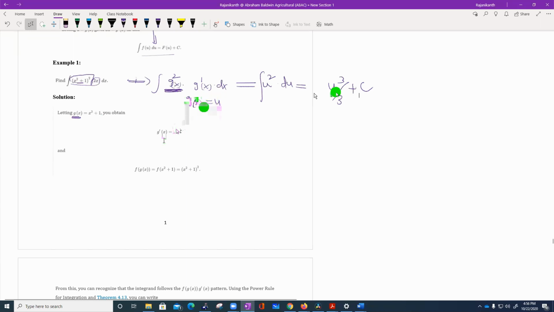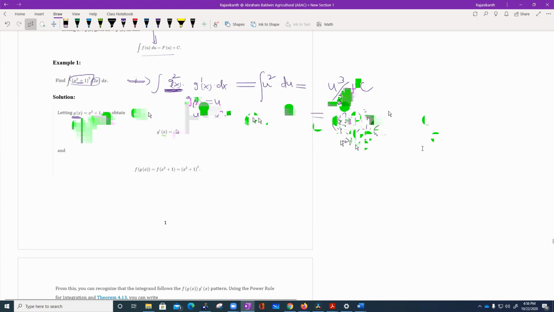What is g of x actually? g of x was x squared plus 1. That means u is nothing but x squared plus 1. So once you have the answer, go back and replace u by the original variable. So this is the answer for the given problem. You see now, you used that pattern recognizing technique and we found the answer.